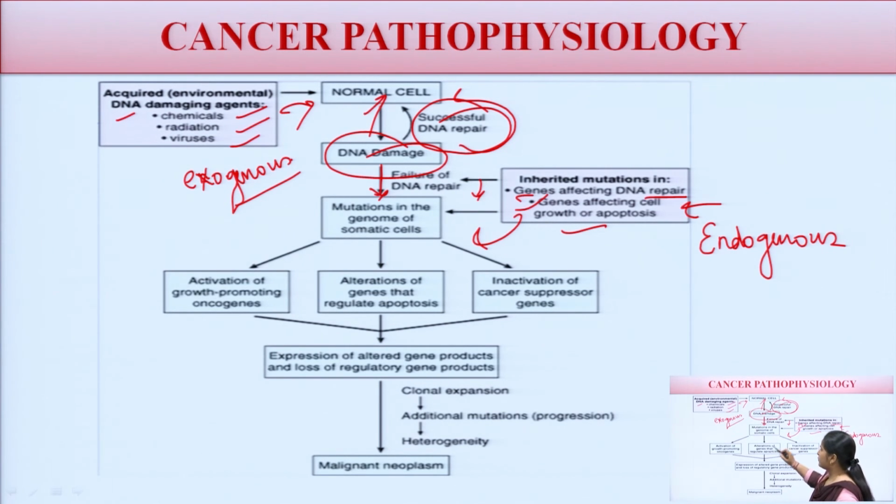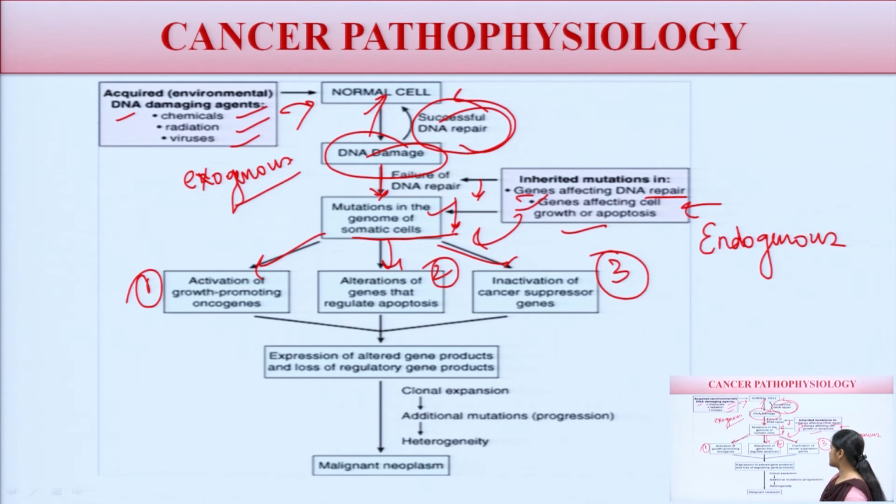When there is a failure of the DNA repair, there is a mutation in the genome of somatic cells. Then there are various events: first, activation of growth-promoting oncogenes; second, alteration of genes that regulate the apoptosis process; and third, inactivation of cancer suppressor genes.